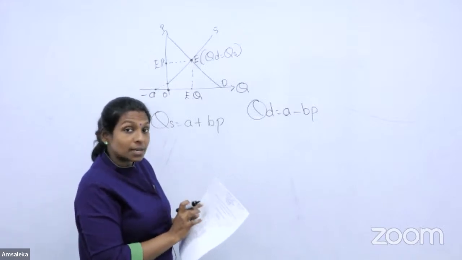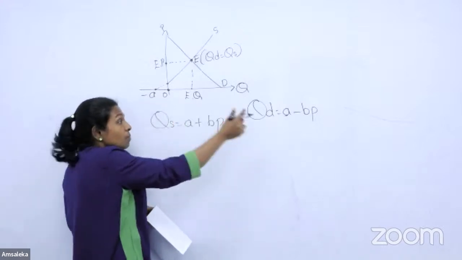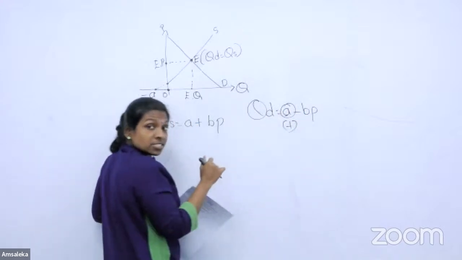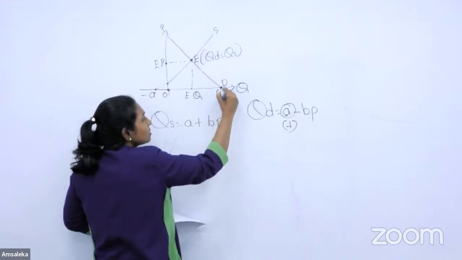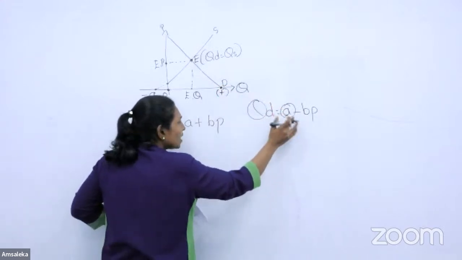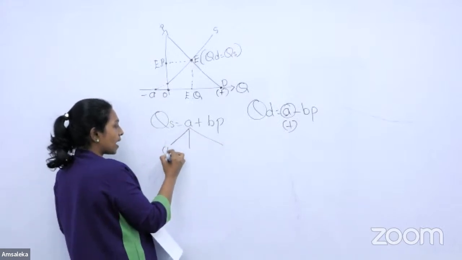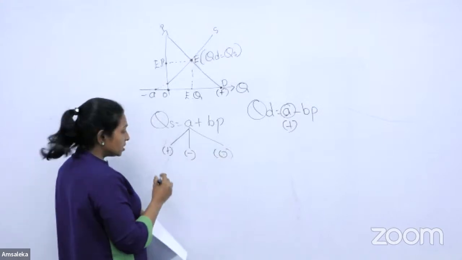So minus 20 means it's starting from the minus axis. Okay, but A is always plus for demand. Why? QD at price level 0 is all the time a plus answer. So here no confusion. But for A in supply, there are 3 chances. One can be plus, another can be minus, and the last option is 0.